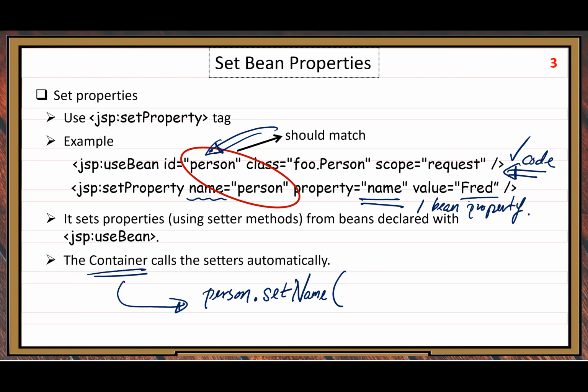Property value, in double quotes, Fred. This is what the container does. When the container processes this tag, it will translate it into this normal Java code automatically.